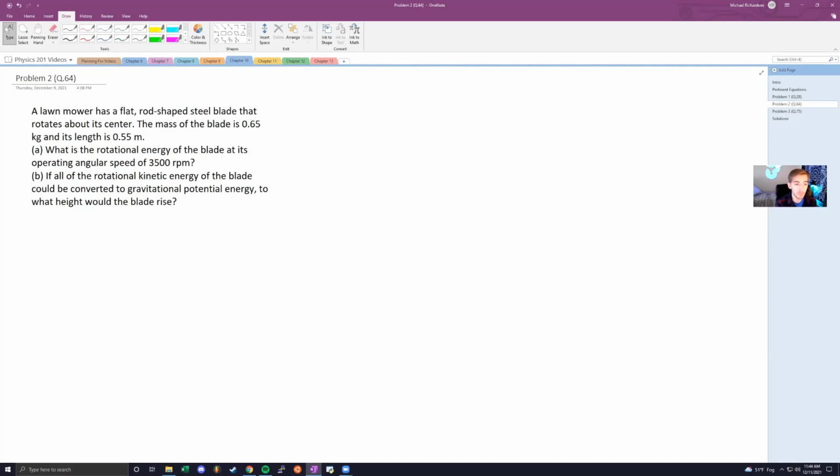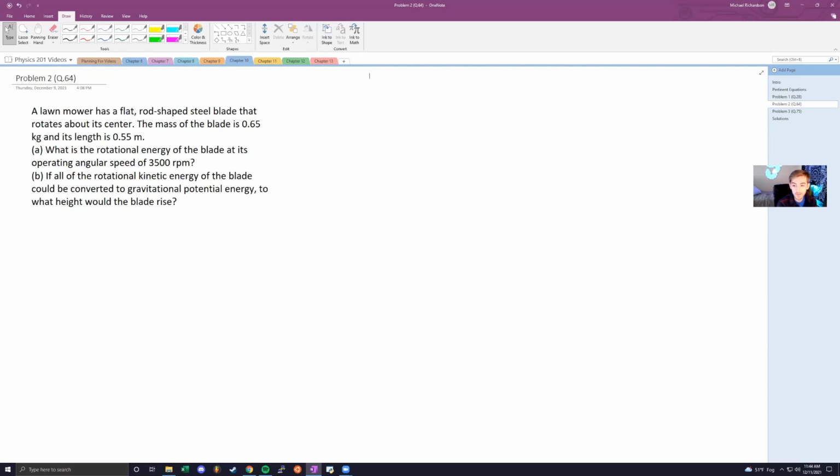We want to find the rotational energy of the blade at its operating angular speed of 3,500 RPM, which is revolutions per minute, not radians per minute. And B, which is if all of the rotational kinetic energy of the blade could be converted to gravitational potential energy, what height would the blade rise?